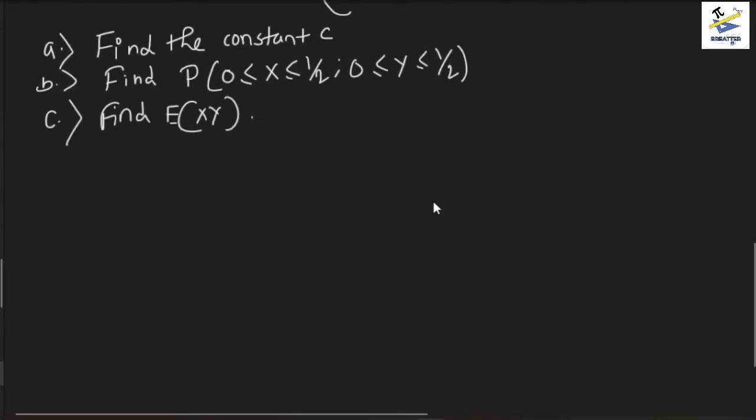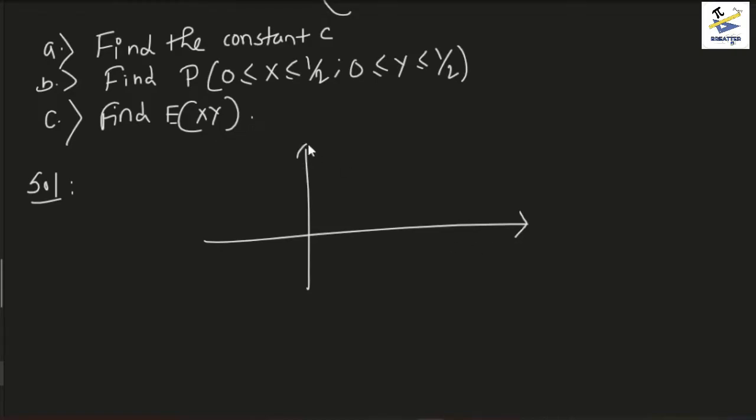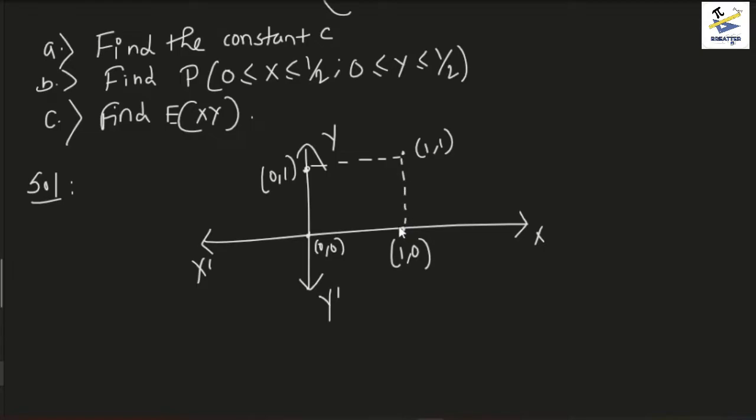So one thing is clear that if you have this graph here, inside this rectangular region, the joint PDF f_XY is defined as x plus cy square, and in everywhere outside of this region it is 0. So that's basically what the problem says.